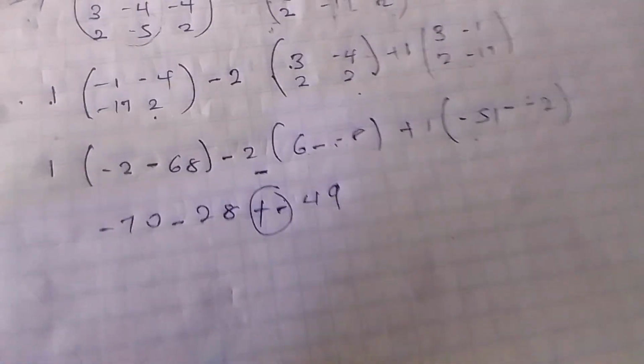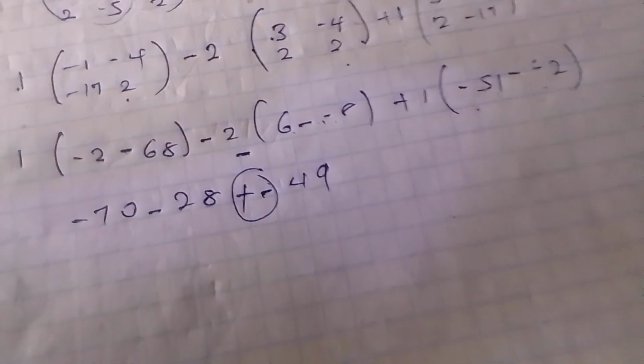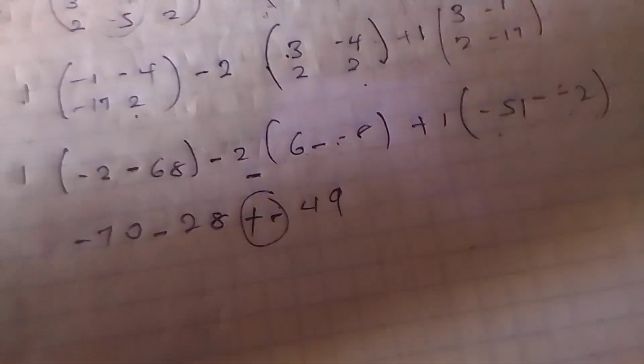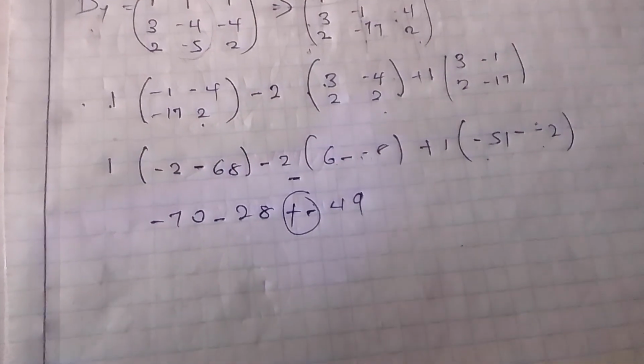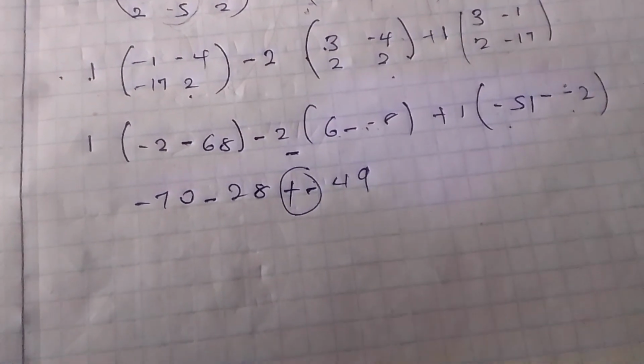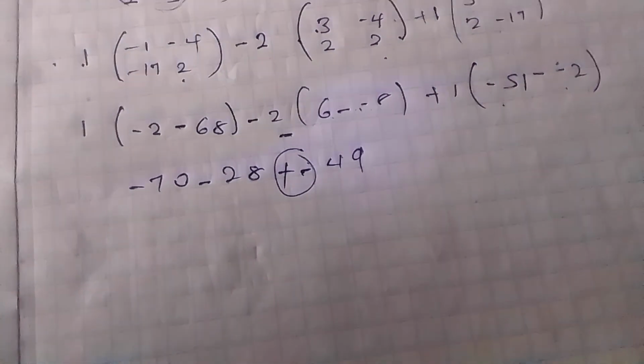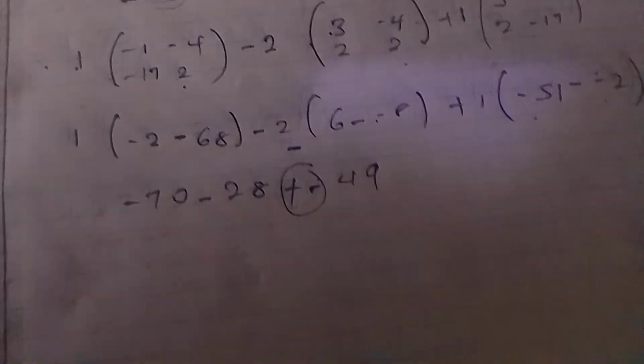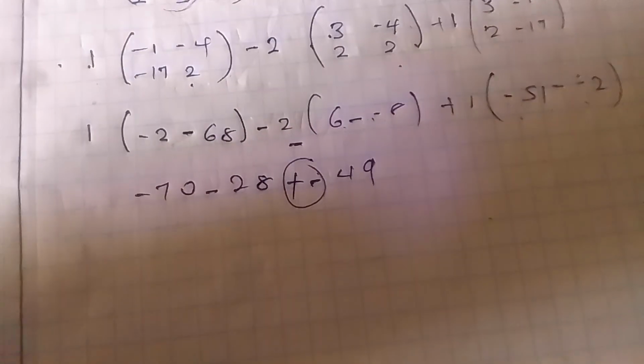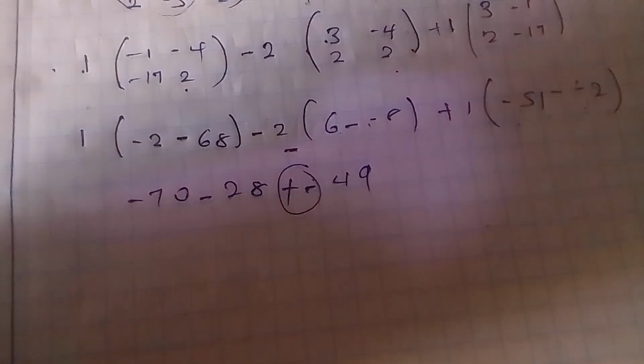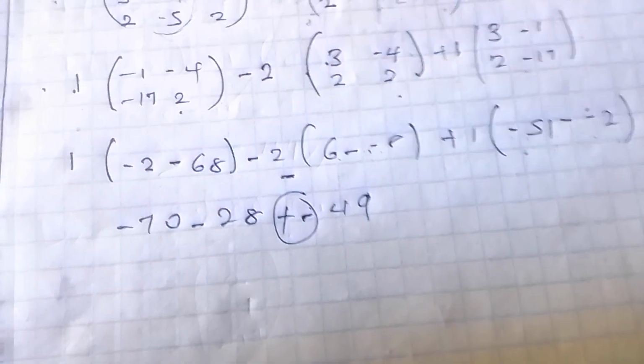Positive minus is the same as negative. So take negative 70 minus 28 minus 49. Negative 70 minus 28 minus 49.